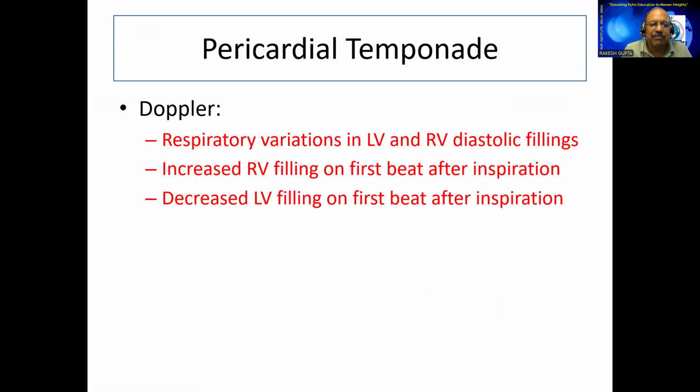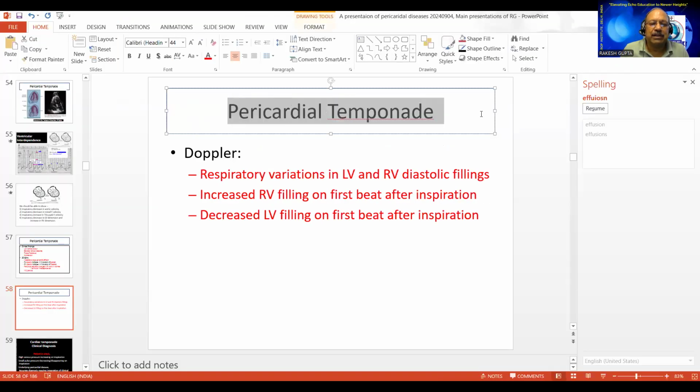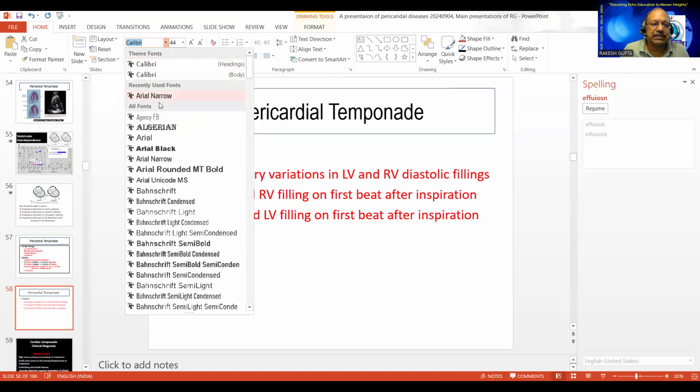With inspiration, I'll find an increase in tricuspid and pulmonic flow velocities. With expiration, I'll find a reduction in tricuspid and pulmonic flow velocity. With inspiration, my mitral flow velocity will reduce. With expiration, it will increase.